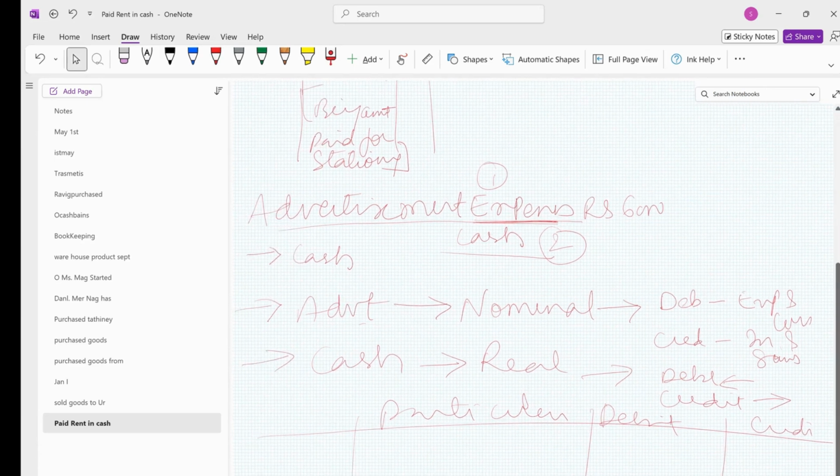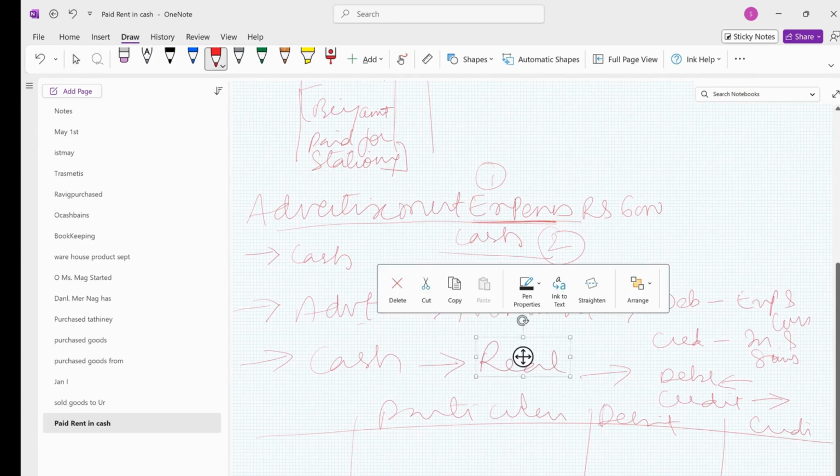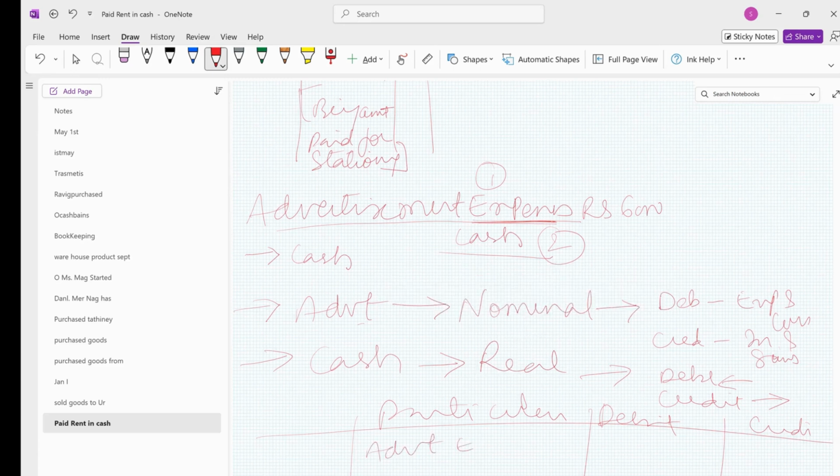So advertisement is an expense. So debit. Debit means first line. So when you are paying advertisement expenses, cash is coming in or going out? Going out.